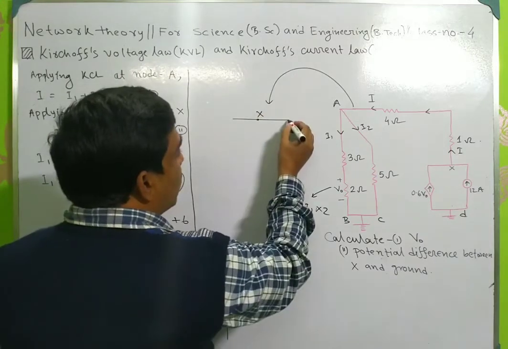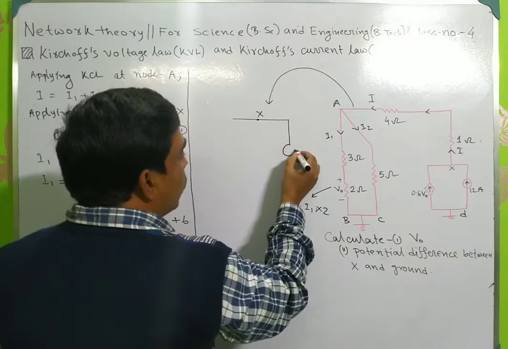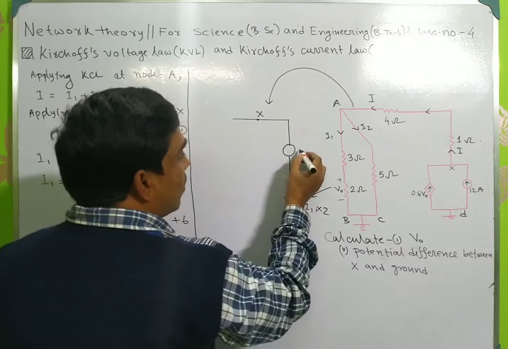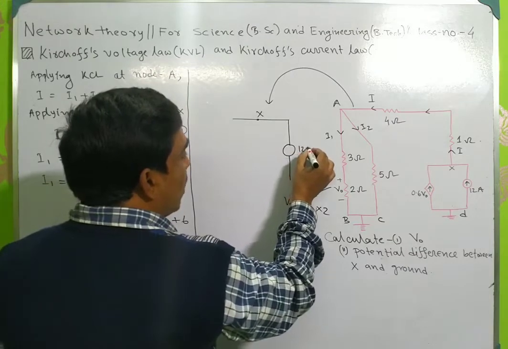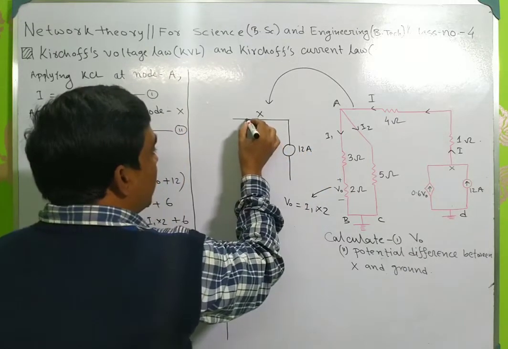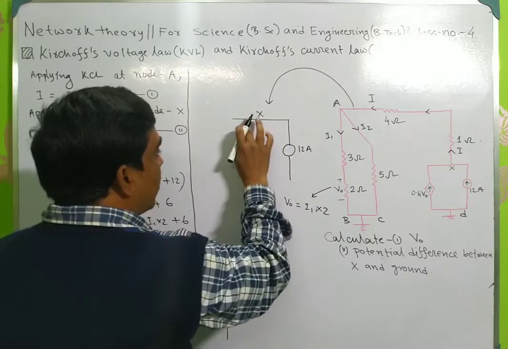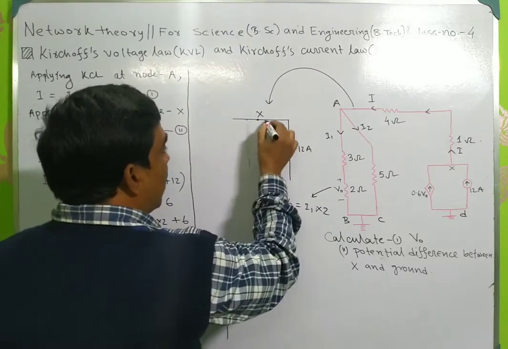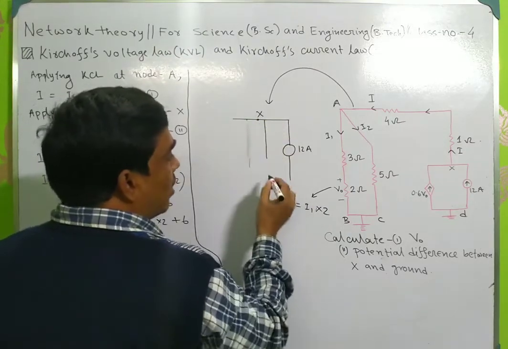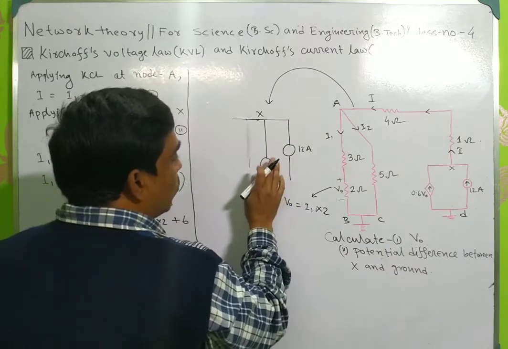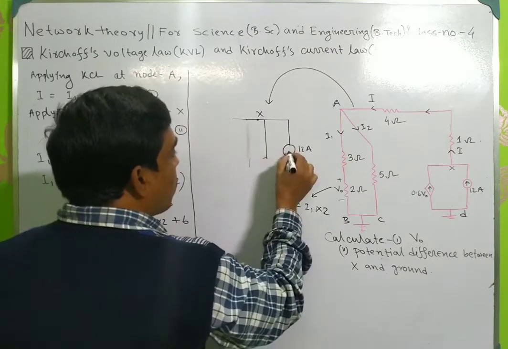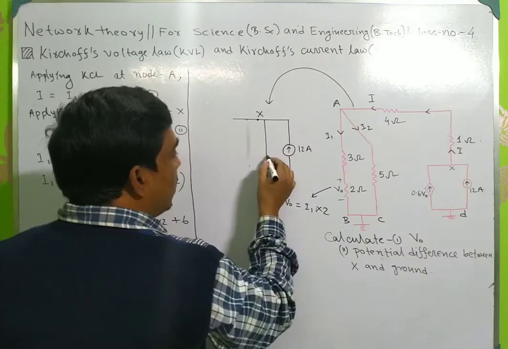From the X node there is a current source, this is 12 ampere. This is another, independent current source.